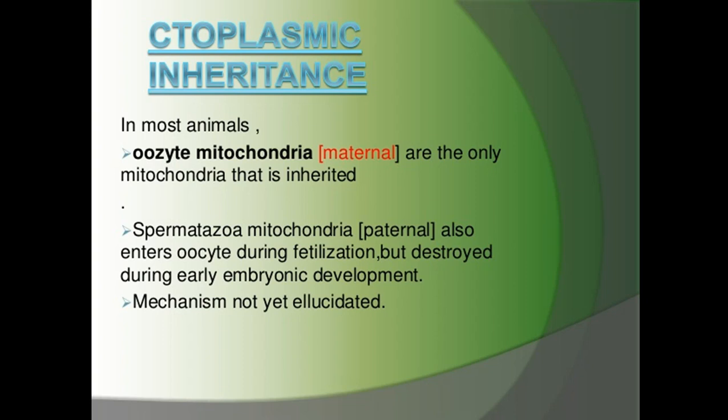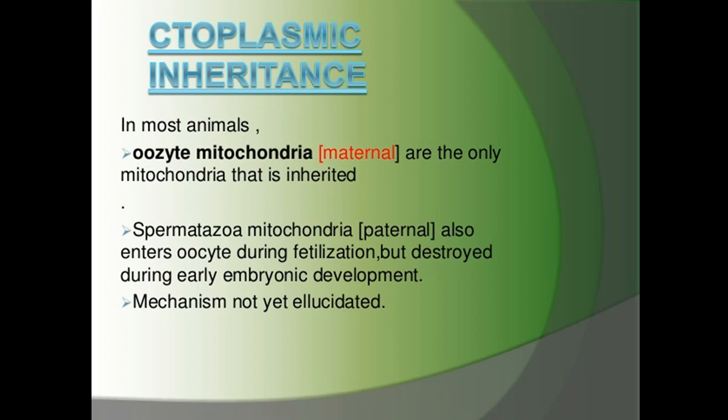Of course, oocyte mitochondria, that is the mitochondria found in the egg, are the only mitochondria that are inherited. Even spermatozoa contain mitochondria, which is the contribution from the paternal side. That also enters the oocyte during fertilization, but gets destroyed during early embryonic development.